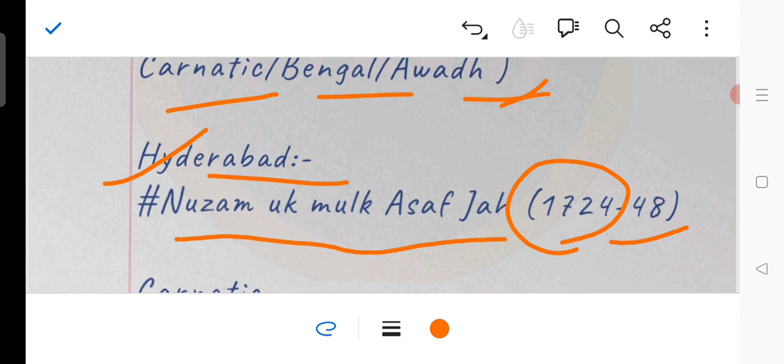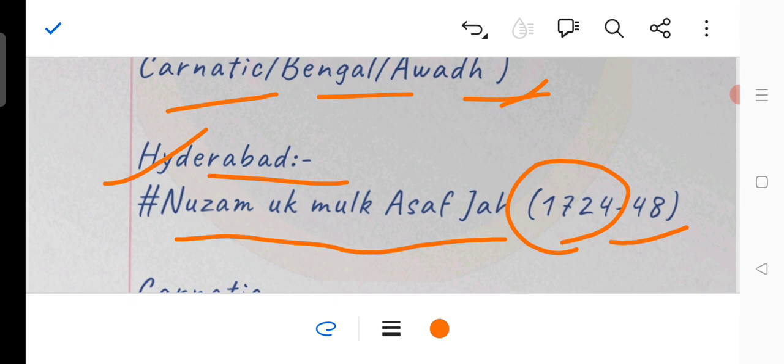He was a very powerful noble and he was from the Turani group. As we have seen, there were groups like the Shia group, Sunni group, Turani group and Afghan group. So he belonged to the Turani group at the imperial court.